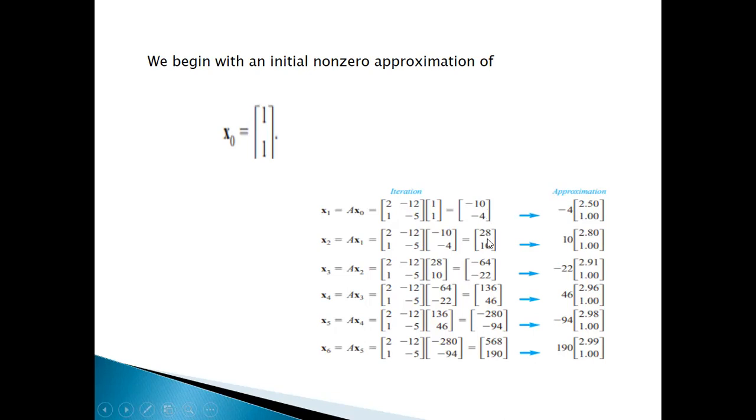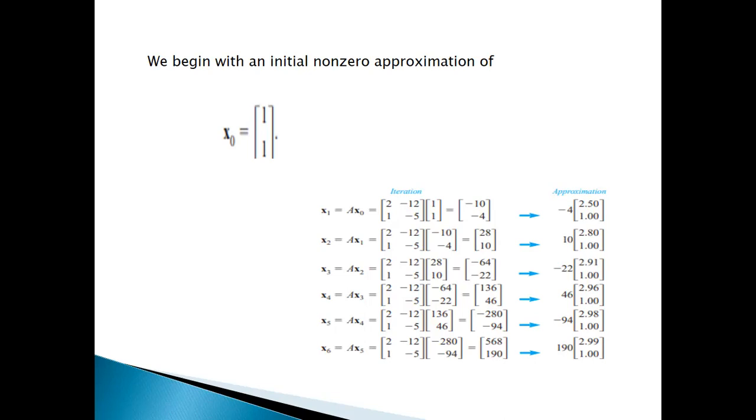Likewise, we have to do the same process for the remaining 5 iterations. Say x2 is equal to A into x1. Here, x1 is the solution obtained from the previous iteration, and that will be updated here along with the A matrix. Then again we do the relative approximation using the power method. So here 2 into minus 10 minus 12 into minus 4, so you will get 28.